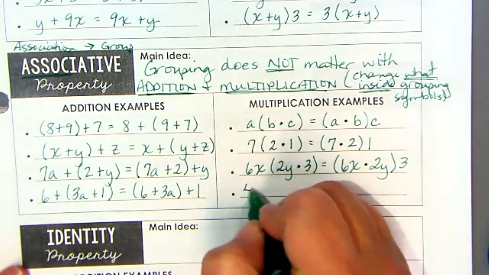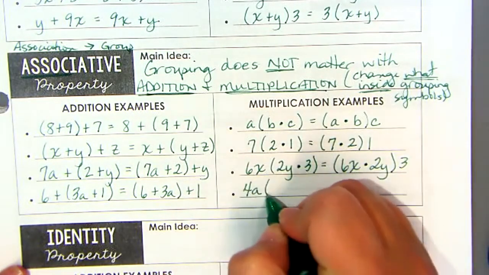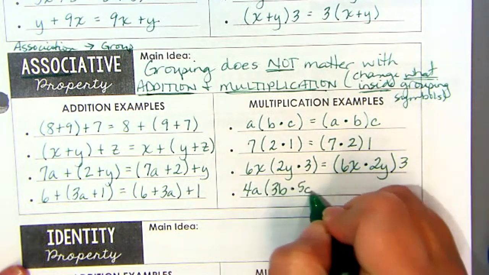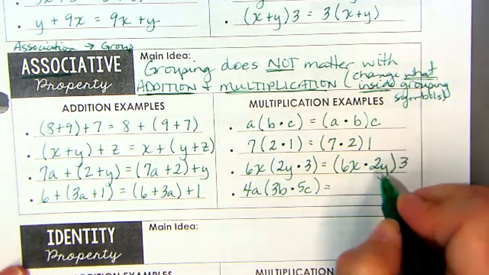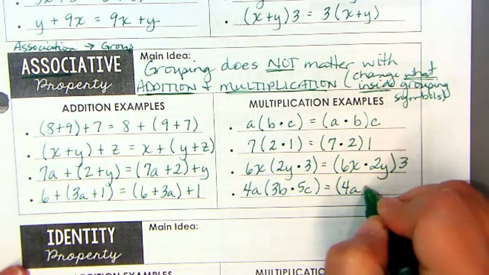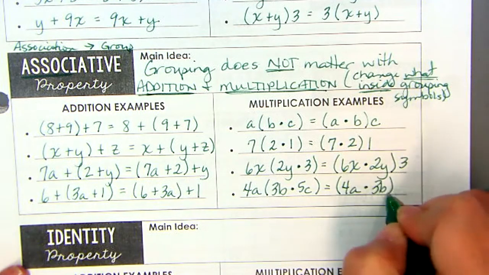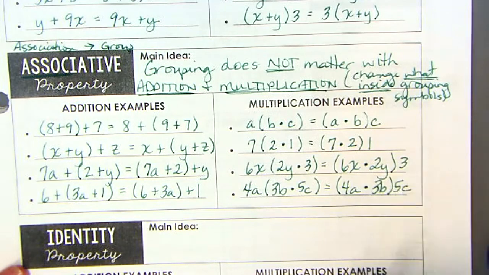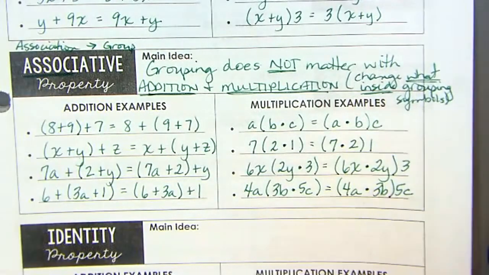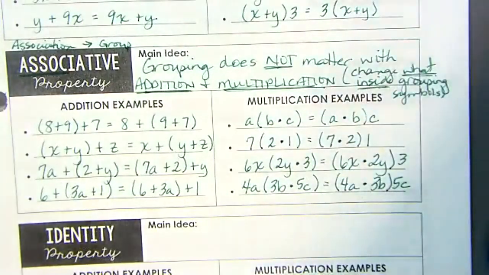Last example here, 4a, open parentheses, 3b times 5c, close parentheses, equals open parentheses, 4a times 3b, close parentheses, times 5c. Those are all the same thing. You're changing what is inside the grouping symbols.